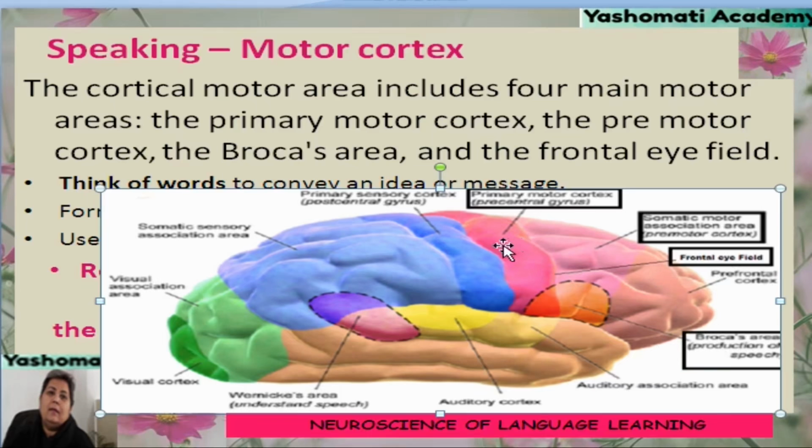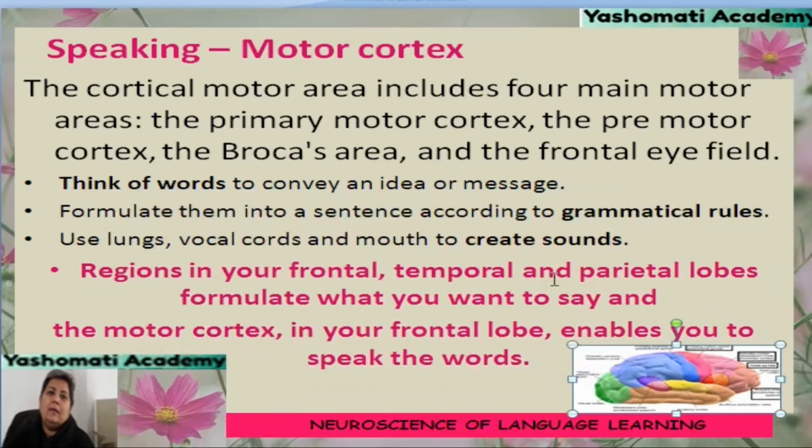These areas, which are present in the frontal lobe, are very important for the speaking part of the language, and they help us think of the words to convey the idea or message, formulate them into sentences according to the grammatical rules, and use lungs, vocal cords and mouth etc. to produce sound.